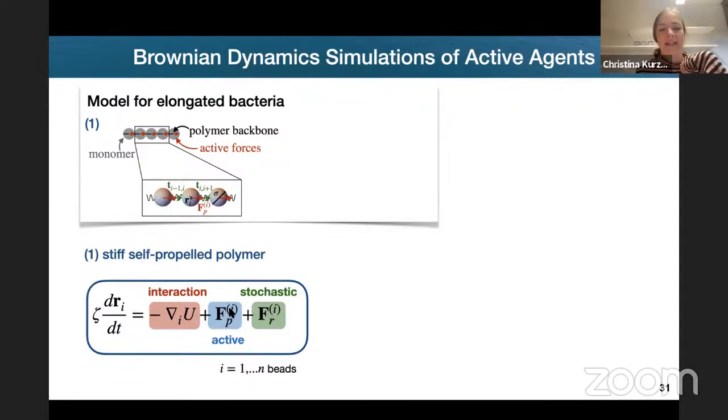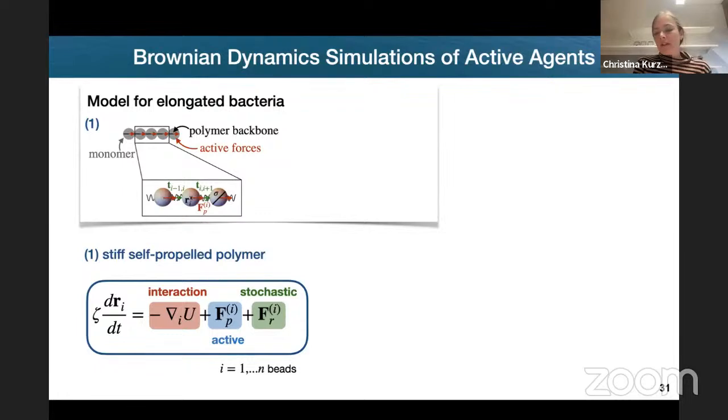First, as I said, the active force, which lets it move along its orientation. There's a stochastic force because it's also subject to Brownian motion. And then we have this interaction term, which includes the interactions between the beads of the polymer, but also the interactions with the environment, okay? We use WCA potentials for that, and a finitely extensible potential so that the chain doesn't extend.